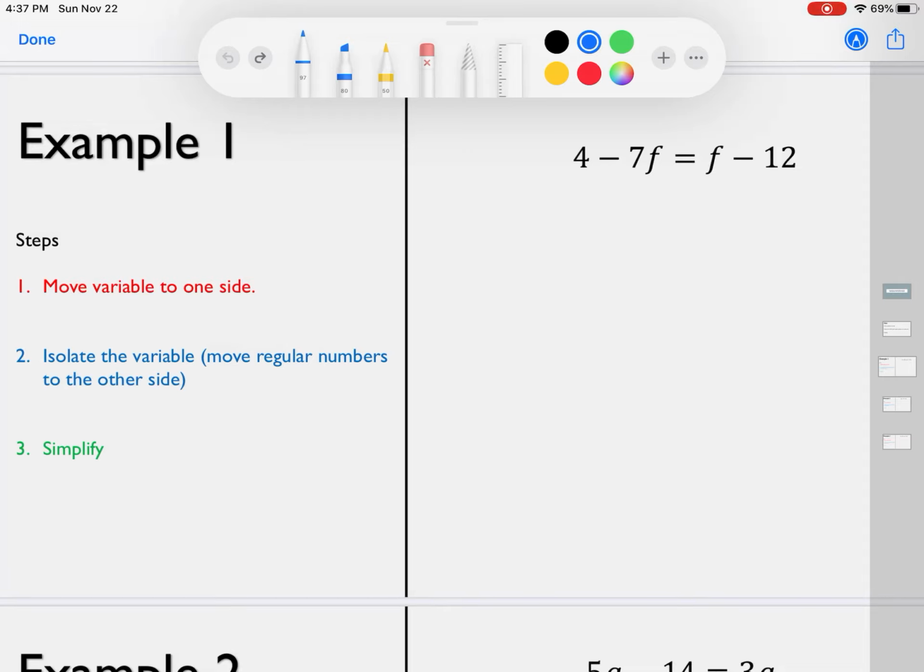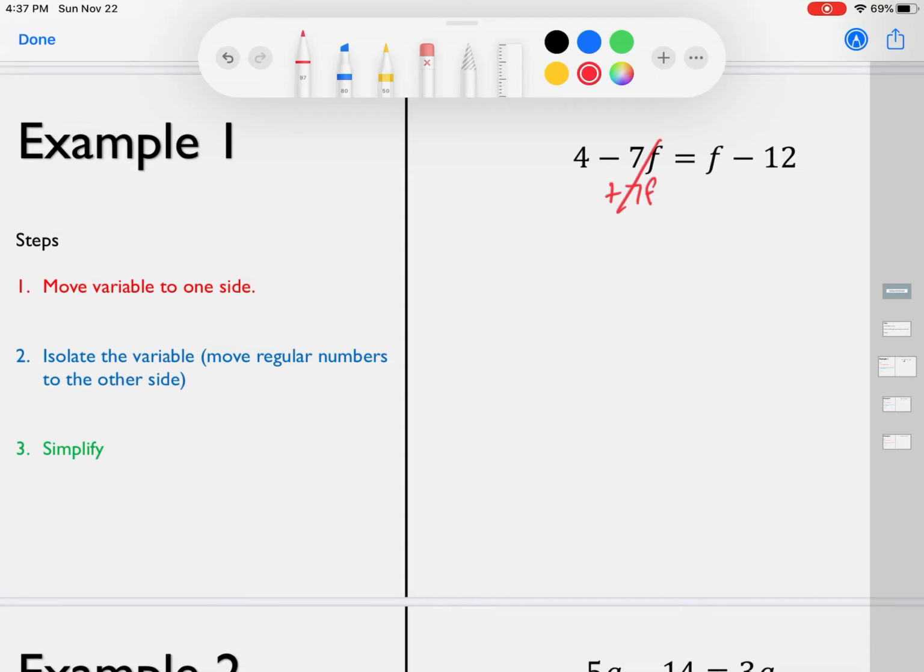Example number 1, we have 4 minus 7f equals f minus 12. So our first step, we want to move the variable to one side of the equation. So for me, I want to move the 7f over to the right-hand side. And why I want to do this is because I don't like dealing with negatives. And I know since it's minus 7f, I can get rid of that by adding.